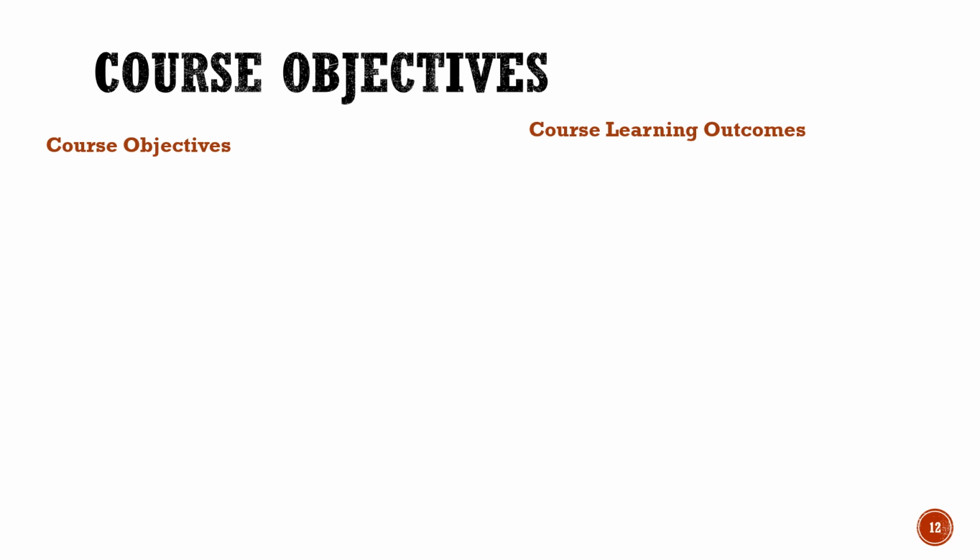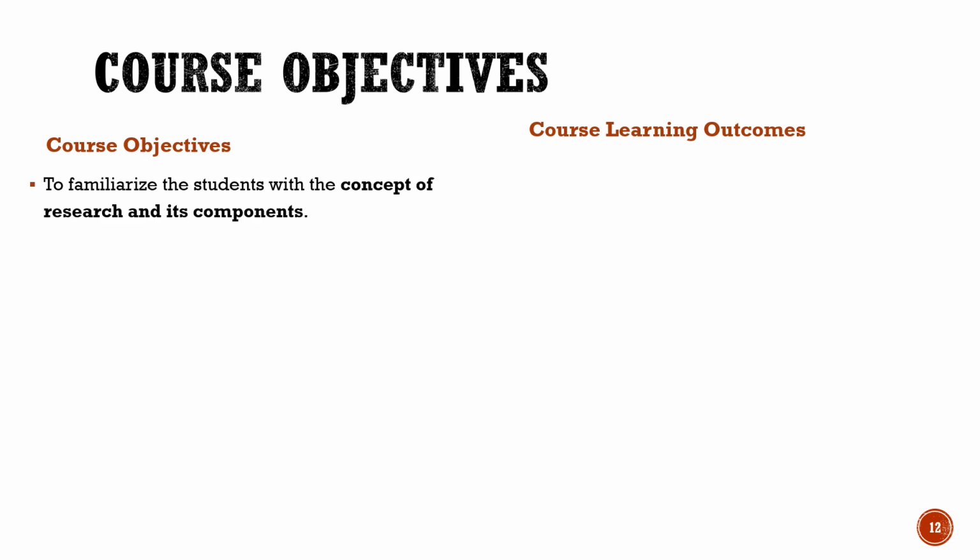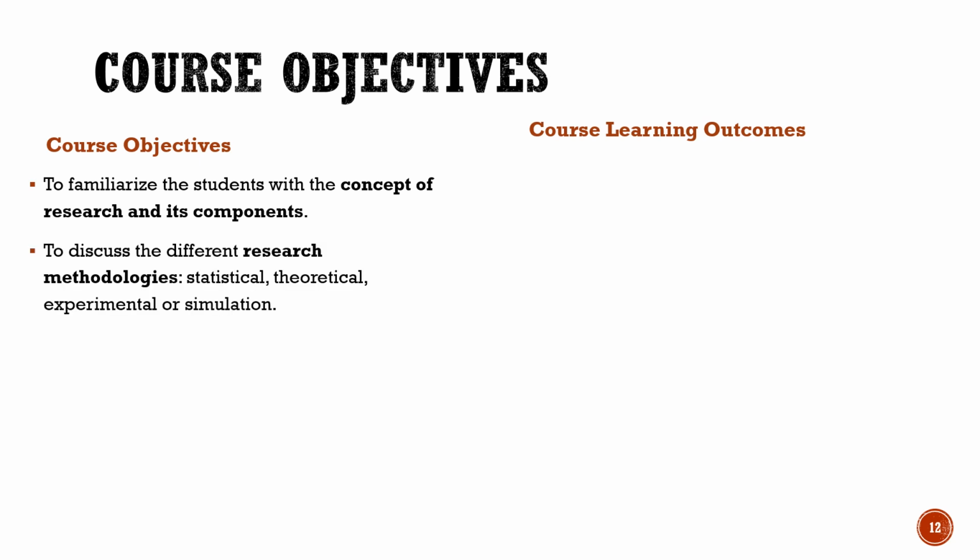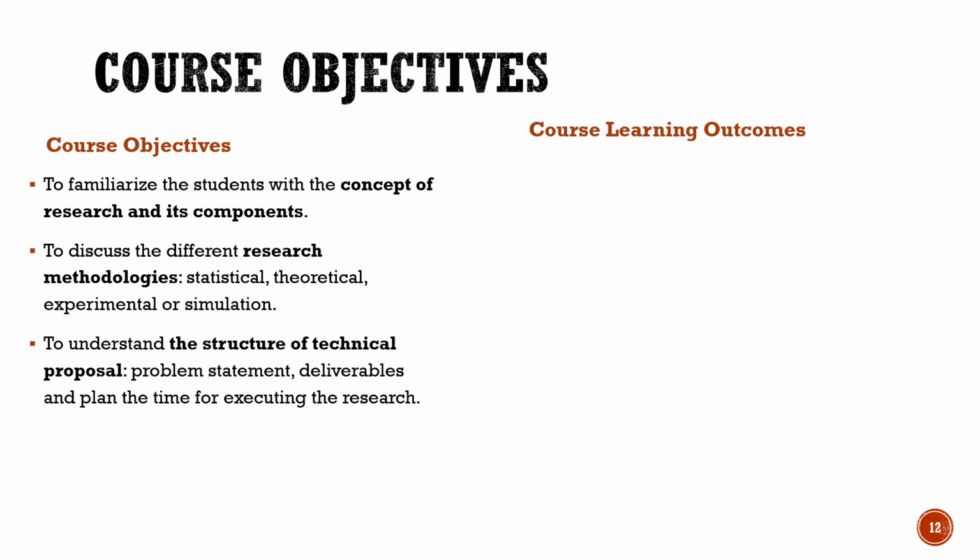Now, when it comes to the course objectives, I'm listing here the course objectives and the learning outcomes. So, to familiarize the students with the concept of research and its components, to discuss different research methodologies, and to understand the structure of a technical proposal.